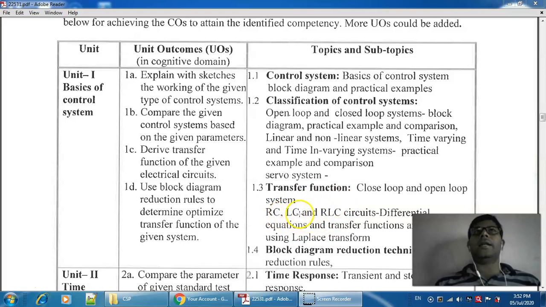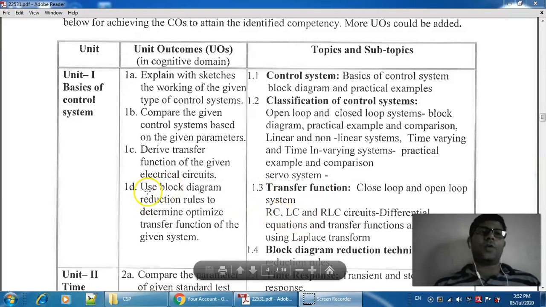You can take another example for practice, like an RL circuit. The RL circuit is not given here, but you can take an example of RL or any kind of electrical circuit for better practice, and then you can calculate the transfer function of that electrical circuit.